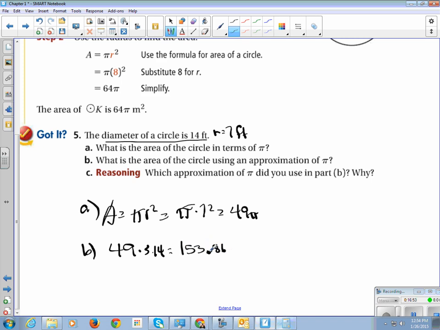This is a decimal point. Which approximation of pi did you use in part B? We used 3.14 because it's quick to type.